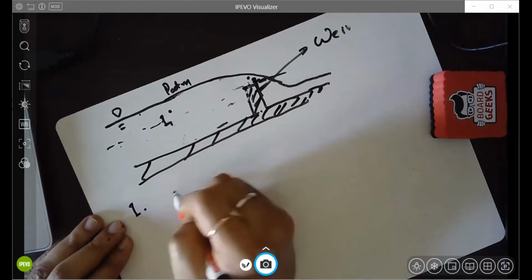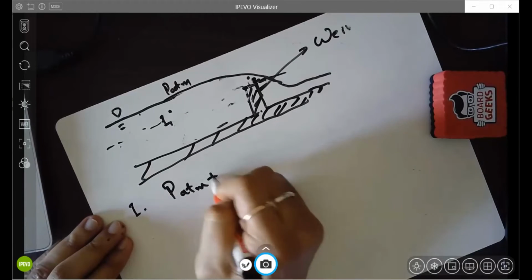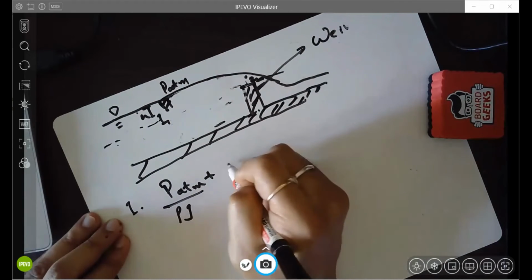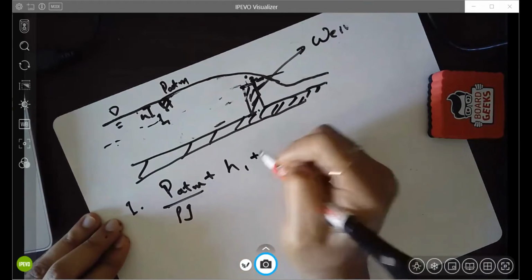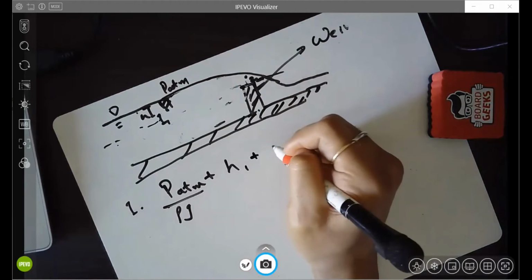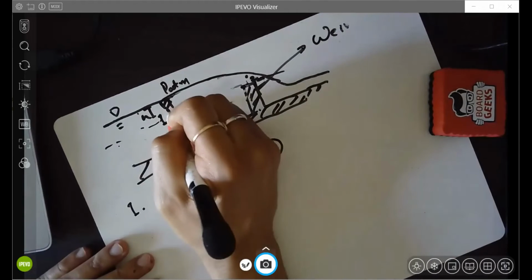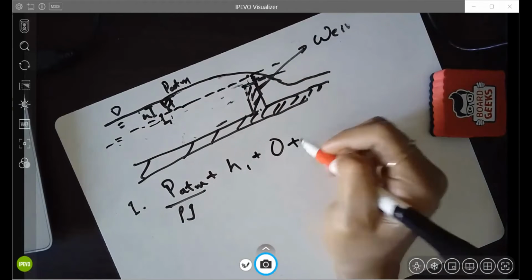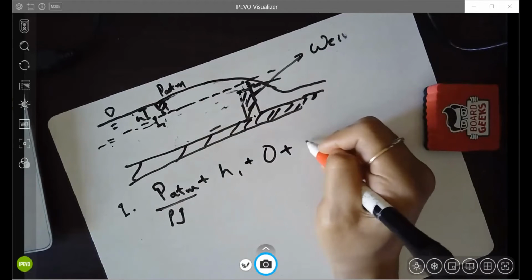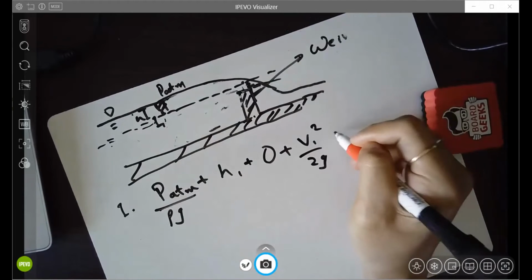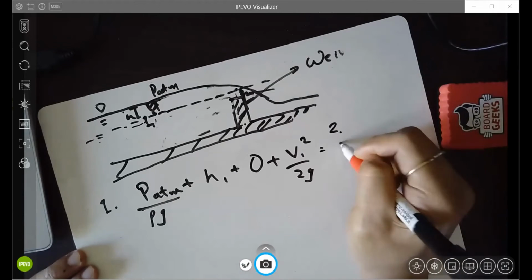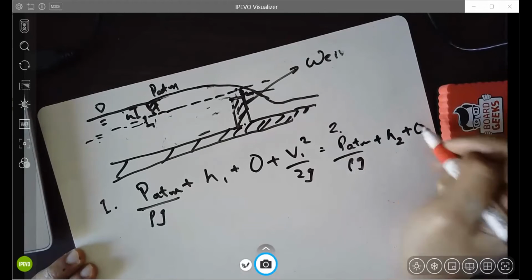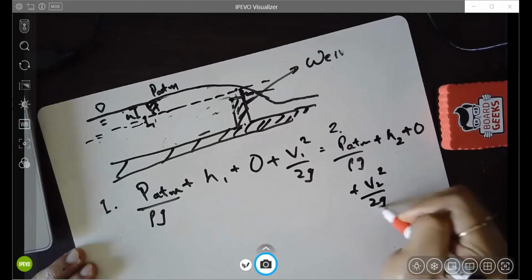At point 1: P atmosphere by rho g, plus the height of the water column H1, plus the elevation head, which we take to be 0 if you take the datum to be exactly at this point, plus the velocity head, v1 square by 2g, is equal to, at point 2, P atmosphere by rho g plus H2 plus 0 plus v2 square by 2g.